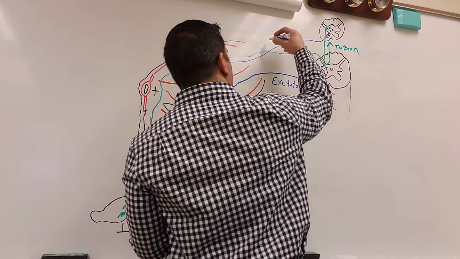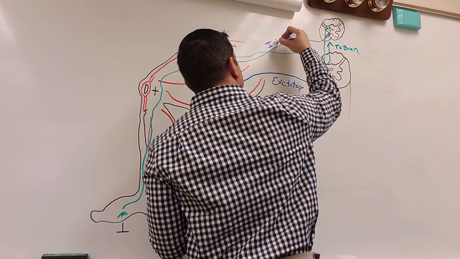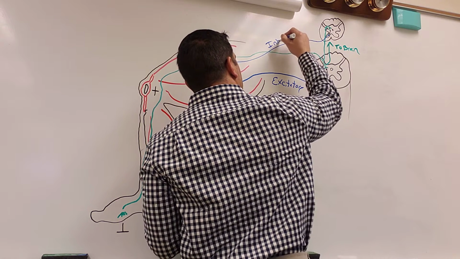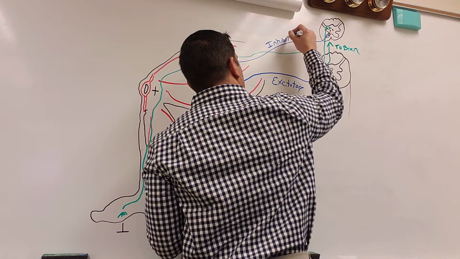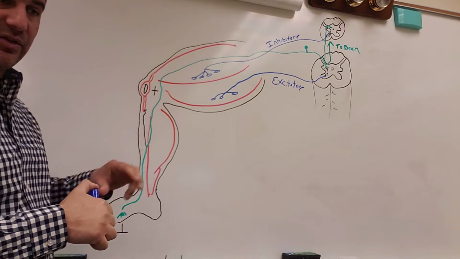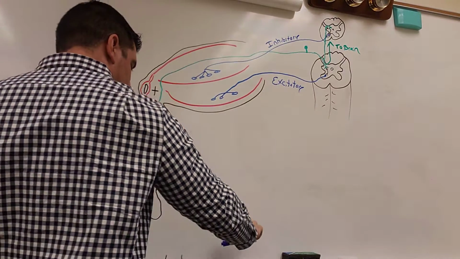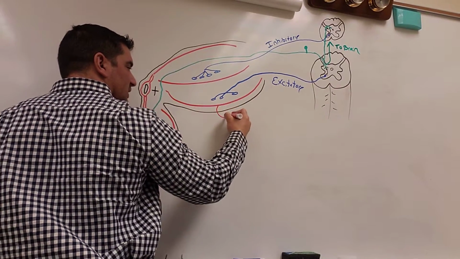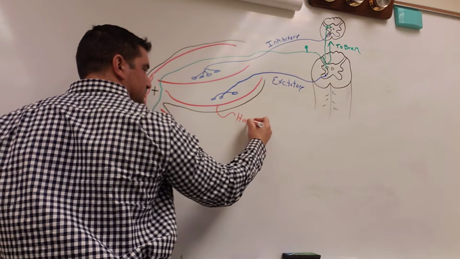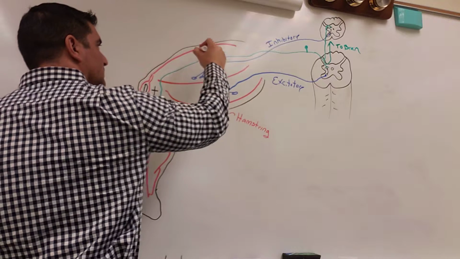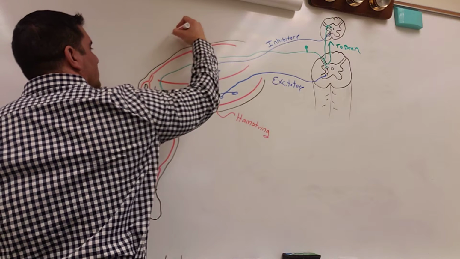Okay, but this one is inhibitory. Hold on, I forgot how to spell for a second. Inhibitory. So these are two different muscles, and I'm going to label these just so you guys are clear with my drawing here. So this would be a hamstring, and this would be the quadriceps group.